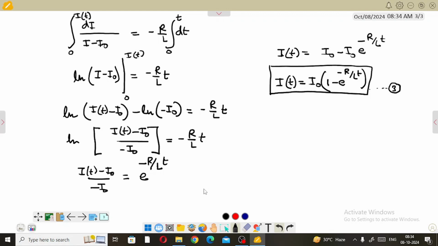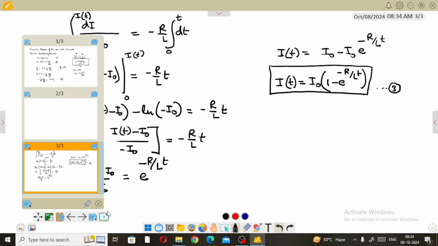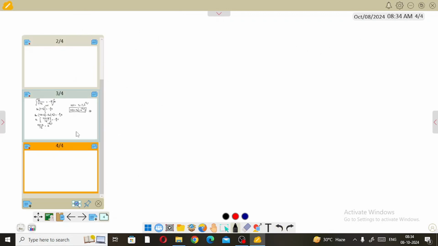Now what we have to do is find out the voltage across the resistance and the voltage across the inductance. So next topic which I will do is I will find out the voltage across all the elements. First of all, I will find out the voltage across resistance.